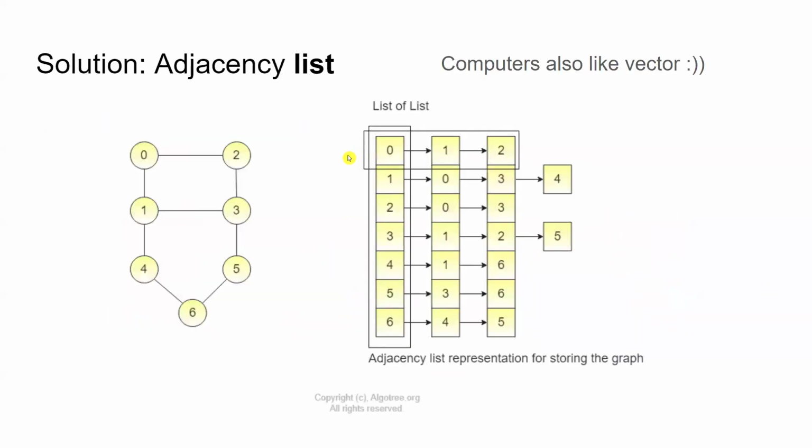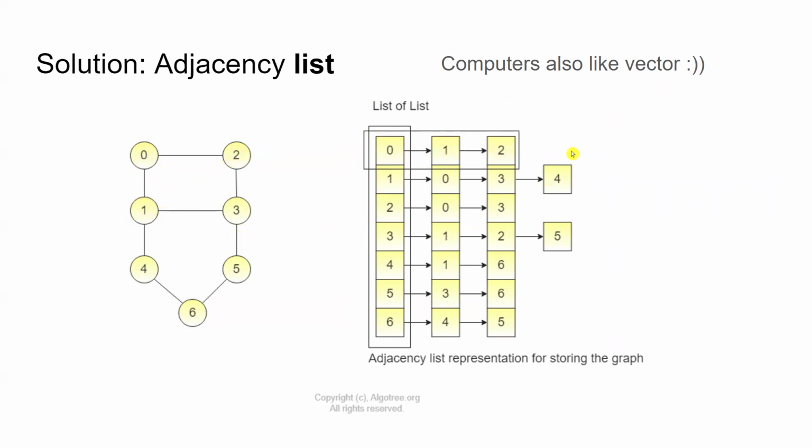So what they come up with is an adjacency list instead of a matrix. A list is like a vector, and computers can compute vectors efficiently. That's good. For an adjacency list, you simply pick a node, let's say 0. This 0 is connected to 1 and 2, so 0 to 1 and 0 to 2.